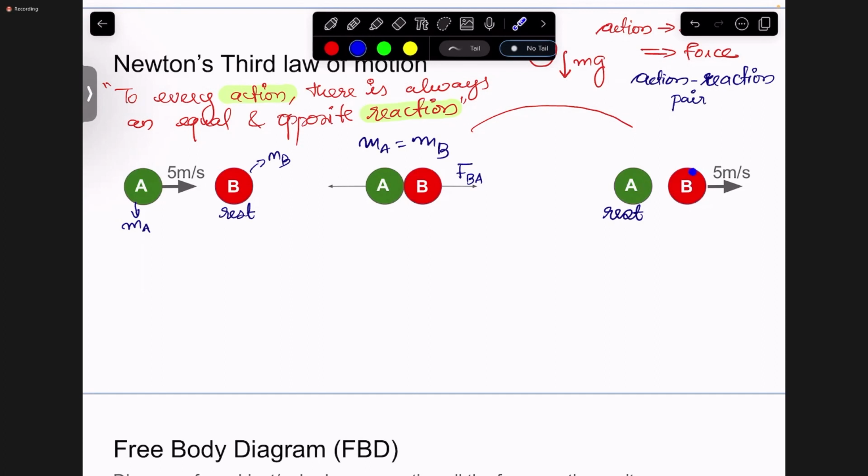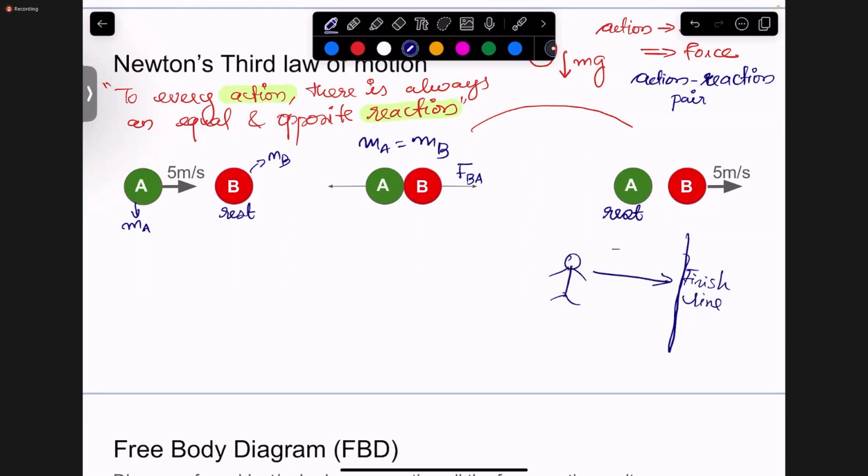For example, imagine you are running in a race. If you are about to reach the finish line, due to the momentum you have, you won't stop suddenly at the finish line. You will move a bit more, right? Imagine your friend is standing here.